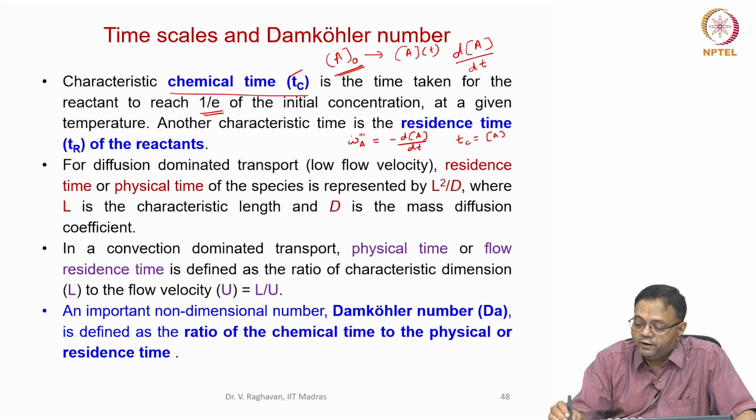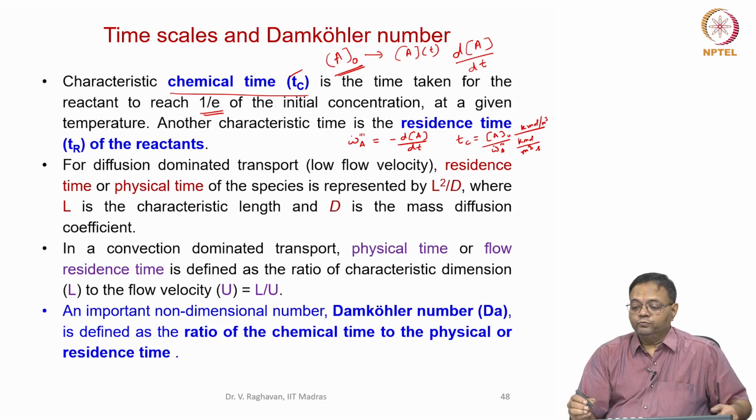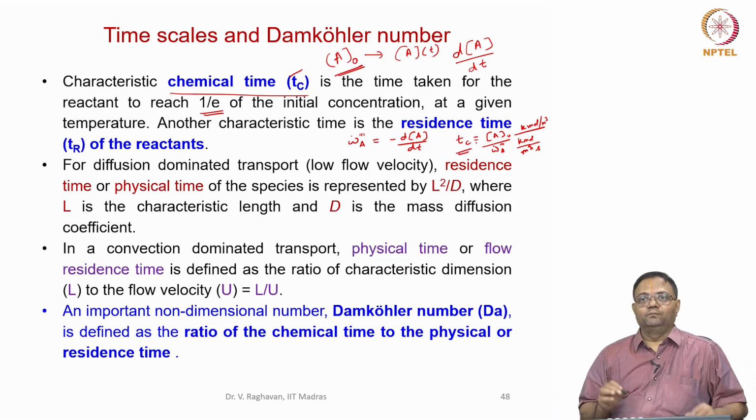Concentration of A divided by the reaction rate, that is kilomole per meter cube divided by kilomole per meter cube second. So you can see this is second. Okay. So that is the chemical time.